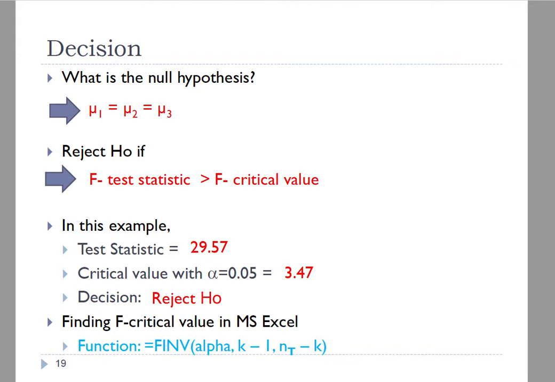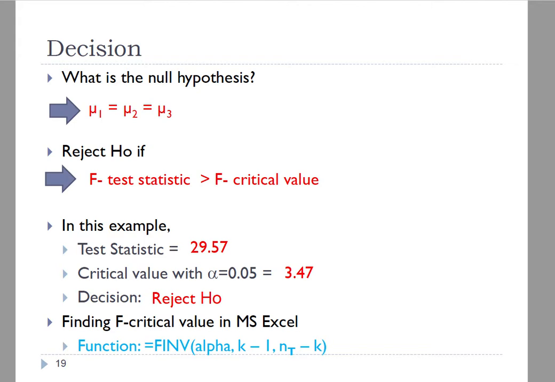Also, there's another general rule. If the p-value generated by the ANOVA is less than or equal to our alpha, we reject our null. If the p is greater than alpha, then we fail to reject our null. So we've got to have n, which is our total observations, we've got to have our number of columns or treatments, and we've also got to look at our degrees of freedom.